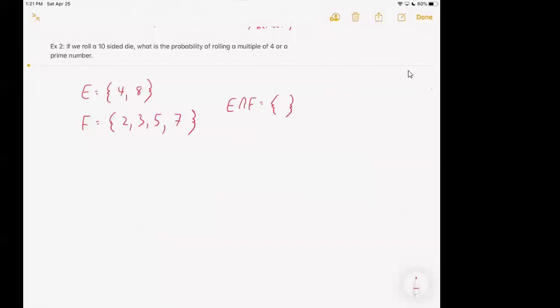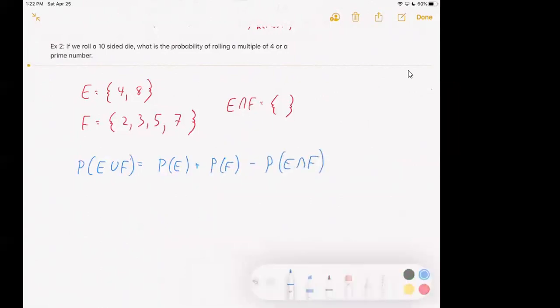So if we try to figure this one out, using the book formula, the probability of being in E or F would be the probability of being in E plus the probability of being in F minus the probability of being in E and F. But in this case, that's 0.